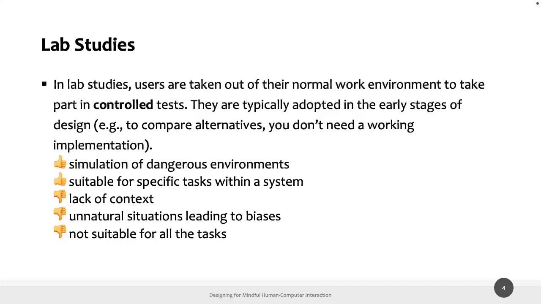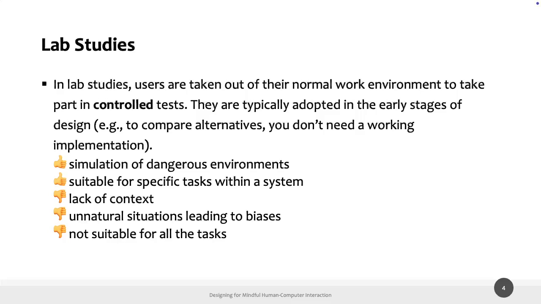So lab studies are quite easy. Users are taken out of their normal environment to take part in a controlled test. The important thing here is the controlled part. In the lab you can control the environment, and that's why you clearly have some advantages and some disadvantages.